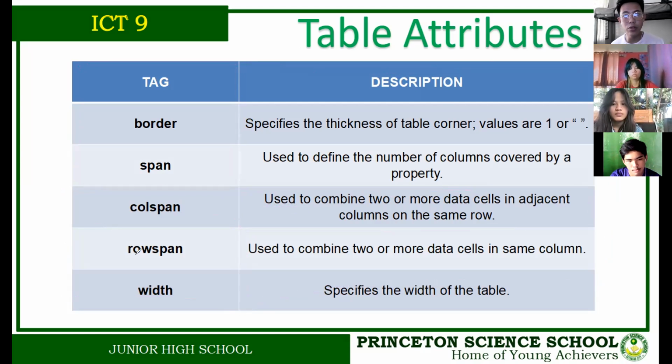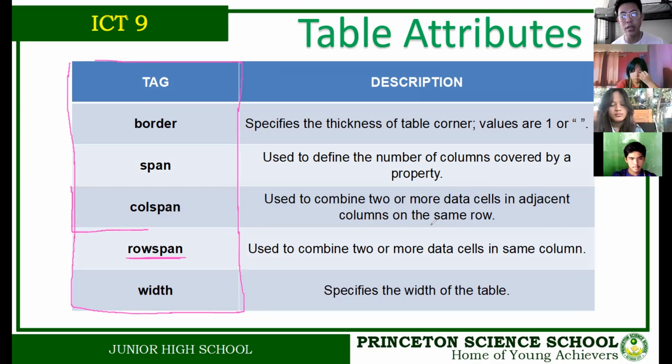And then for the row span, it will consume a row. It is used to combine 2 or more data cells in the same column. So in the same column, this is the same column, and then this is another cell in a different row.